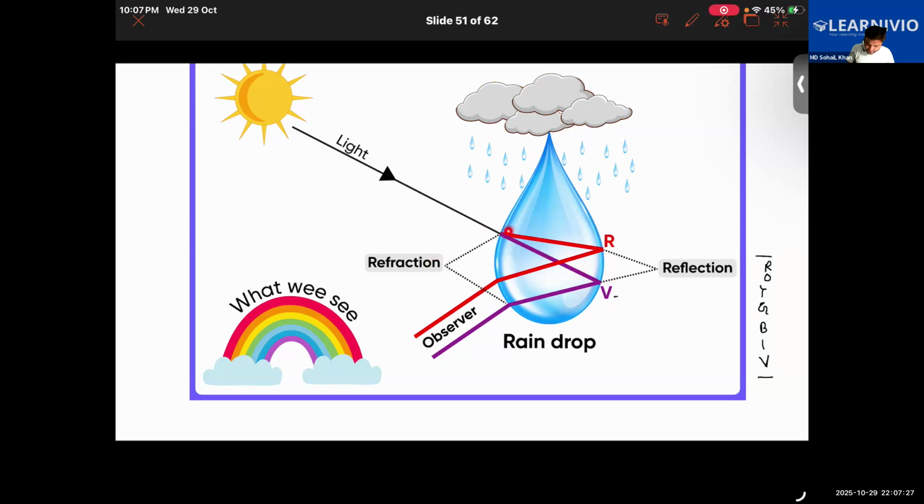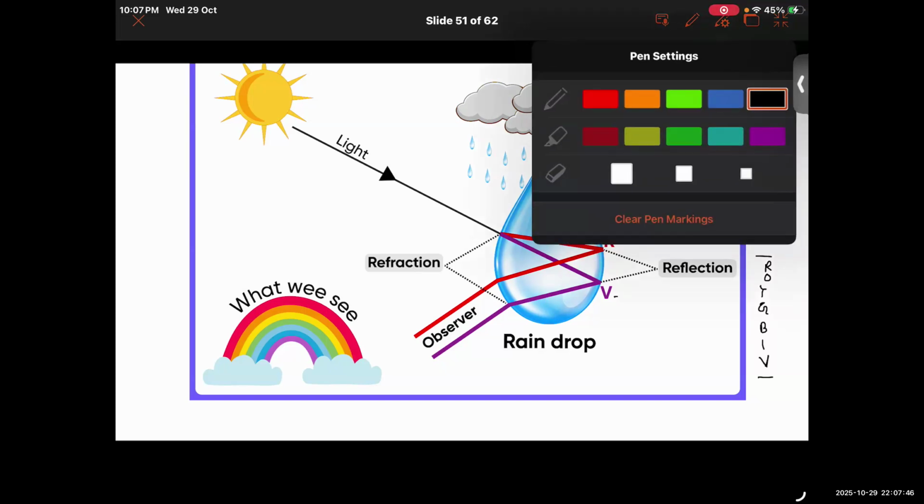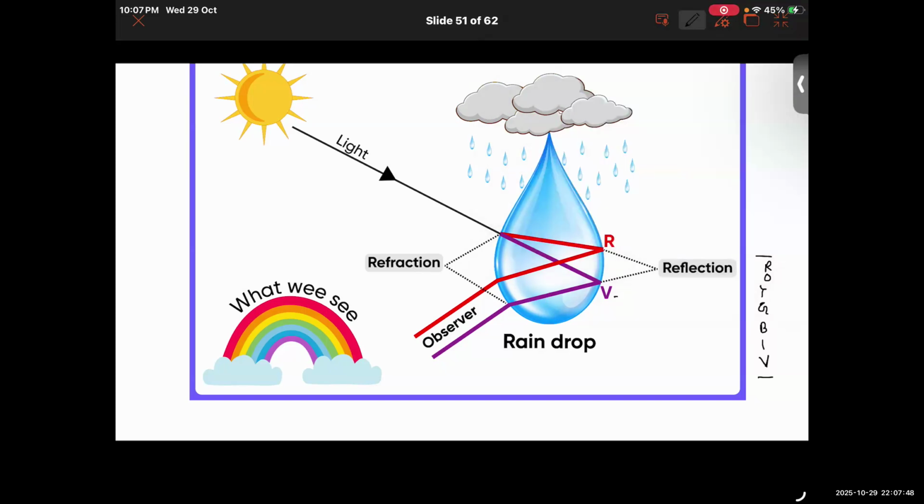So here refraction is taking place. As the white light enters it, it bends. Then further it is dispersed into seven different colors. Now these seven different colors reflect from the internal surface of the raindrop. Let me show it actually, otherwise you guys won't get it, I think.